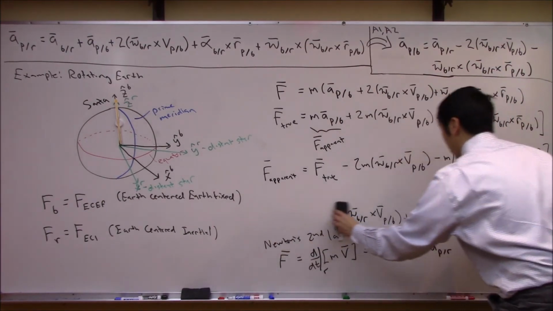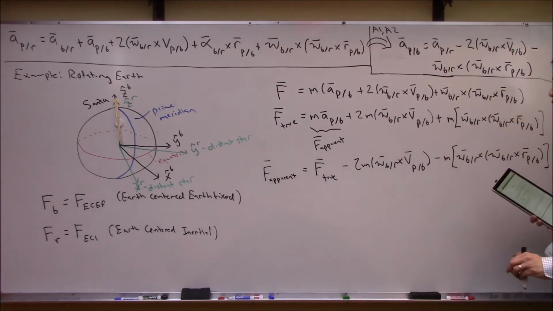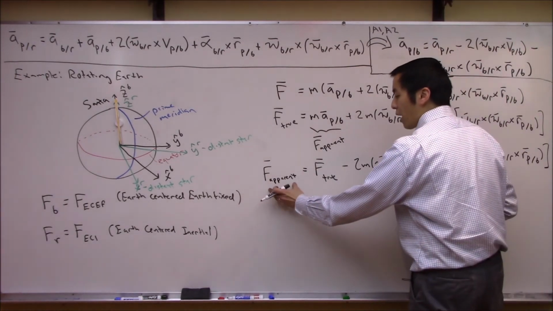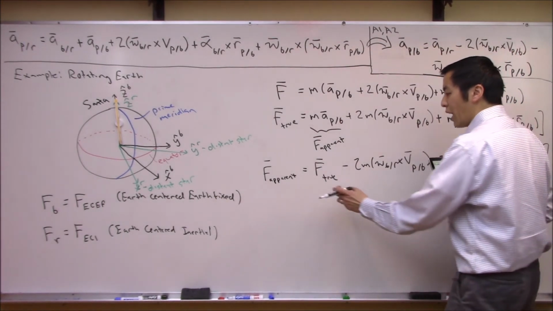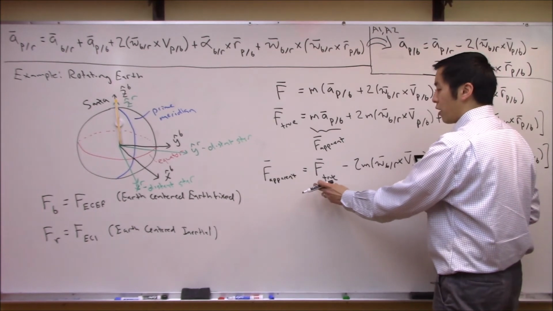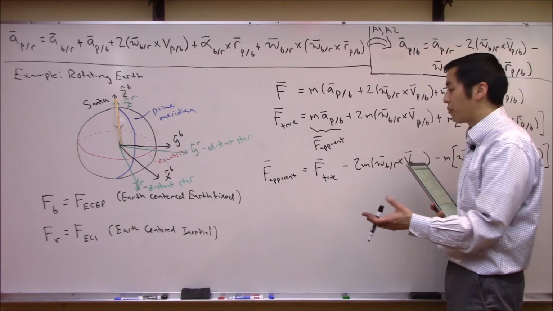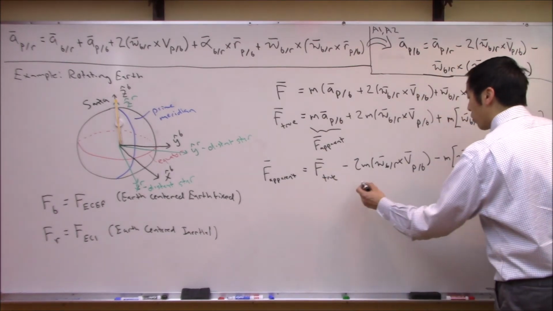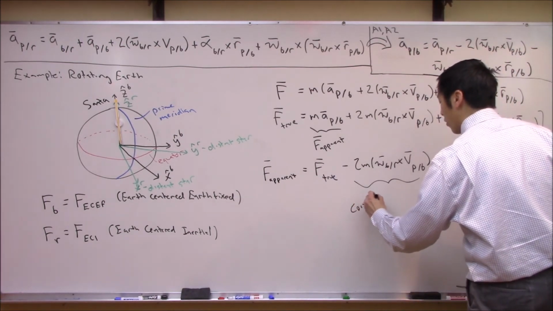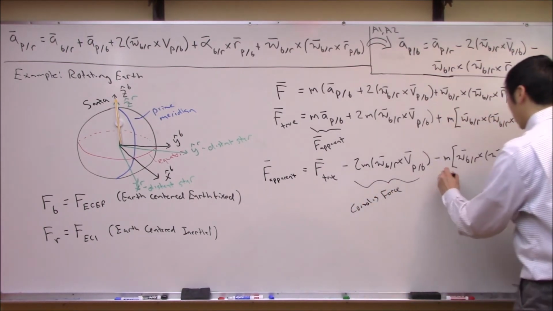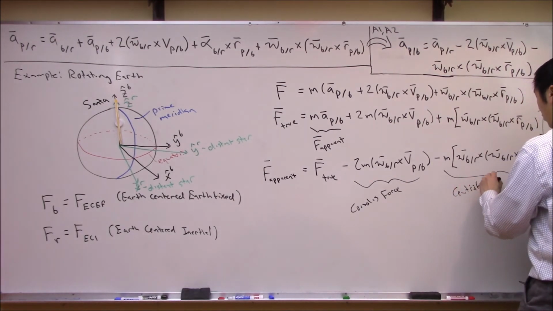Great, and let me erase this here because I think we got where we need to be. What's really interesting about this expression is that the apparent force an observer sitting on this rotating reference frame sees includes the true force. They're going to observe something happening which is explainable or seems to make sense to them. But these other terms are what people sometimes call the Coriolis force, and here's your centrifugal force.